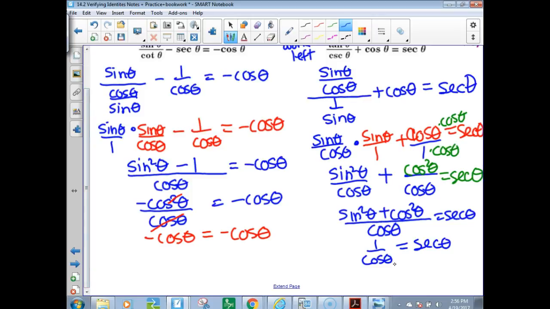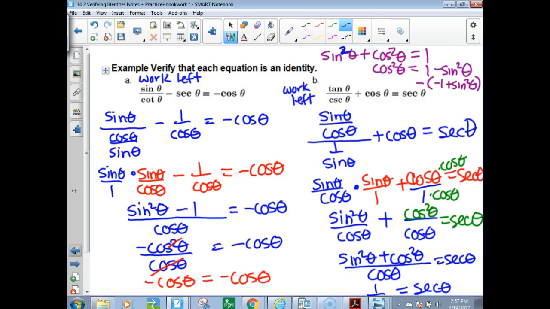And the last step is to write secant theta equals secant theta. Okay. Did anybody still need that before I go to the next problem?